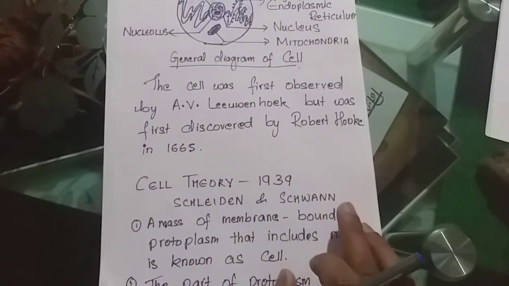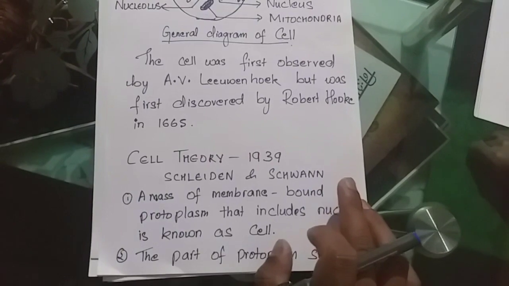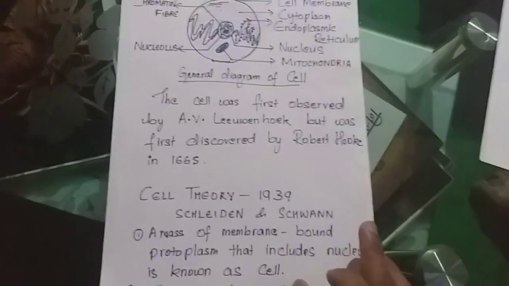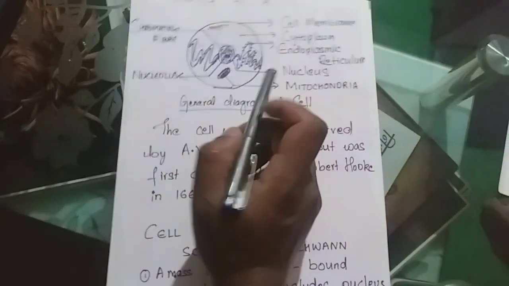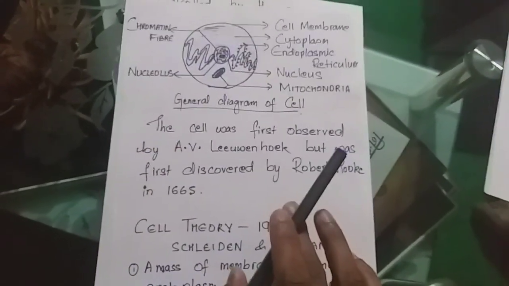Before going to cell division, I just want to revise some things from the previous classes. First of all, let us talk about the cell. I have drawn a rough diagram of the cell over here. The cell has different parts.